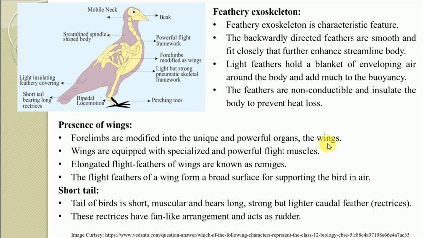The elongated flight feathers of the wings are called the remiges, or the singular word is remex. The expanded membranous part of each remex forms a flexible and continuous surface for striking in the air during the flight. The flight feathers of the wings form the broad surface for supporting the bird in the air.